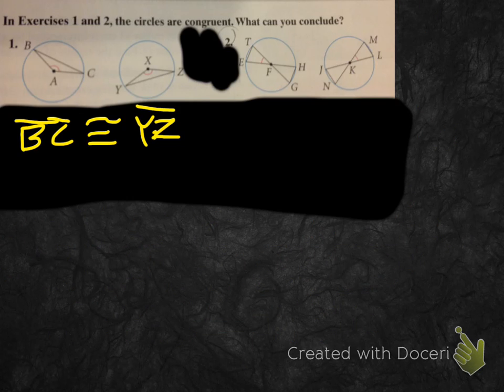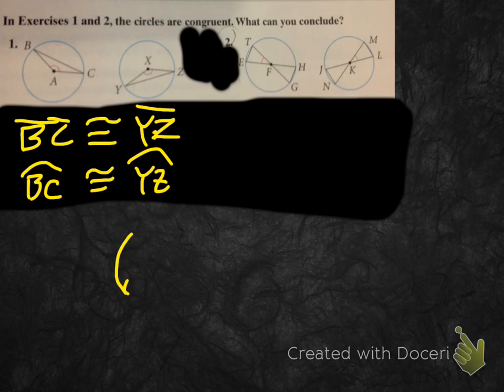So we can say that arc BC is congruent to arc YZ. So we can conclude both of those things. Again, that's just following the path around from your proof. So if you want to go back to your picture, just follow it around.